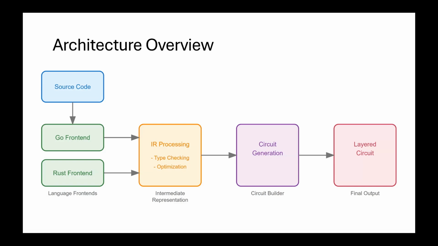And the source code will be converted into an intermediate representation. Then the IR is used for optimization. Then we have some circuit generation by a circuit builder. Finally, it outputs the layered circuit.